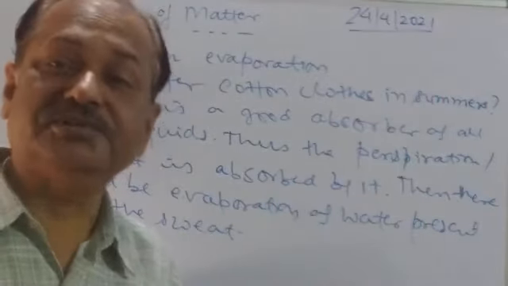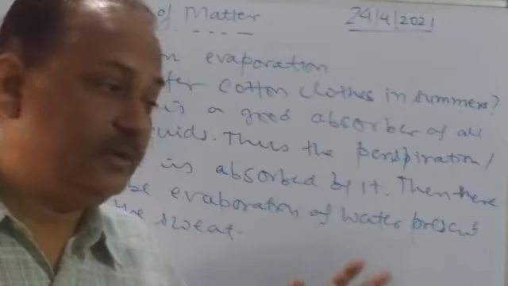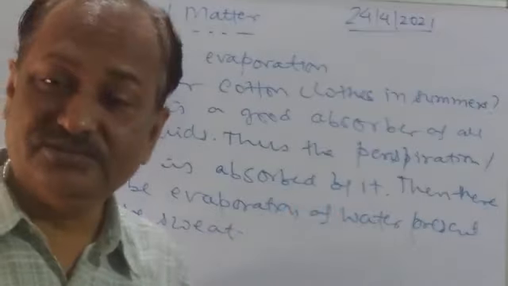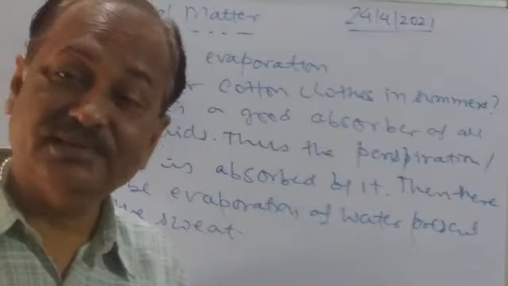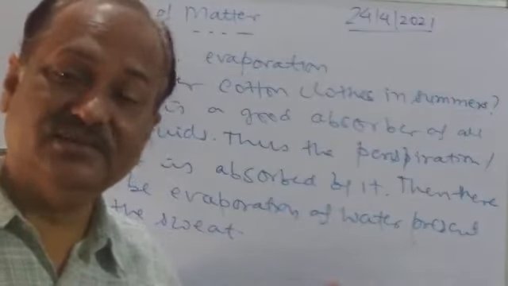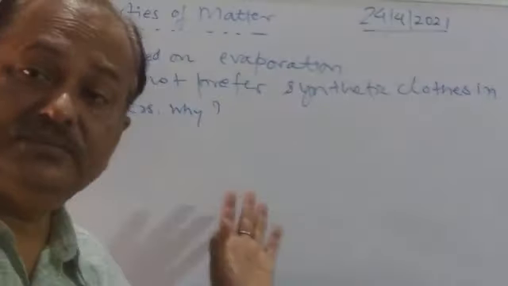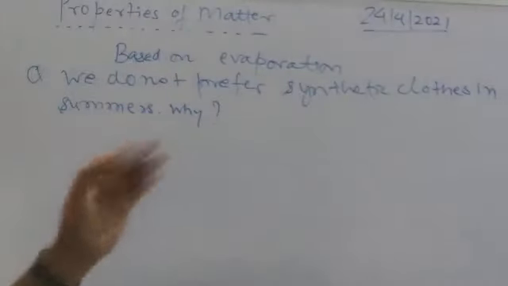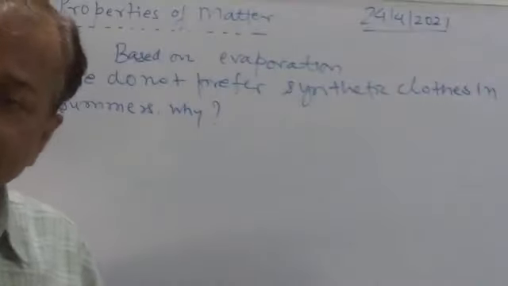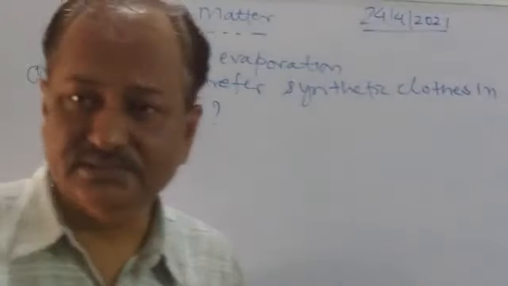Now, opposite to this, when we use synthetic clothes in summer, then we are not comfortable. Other point can be synthetic clothes. Now, we do not prefer synthetic clothes in summer. So there will be just the opposite reason.